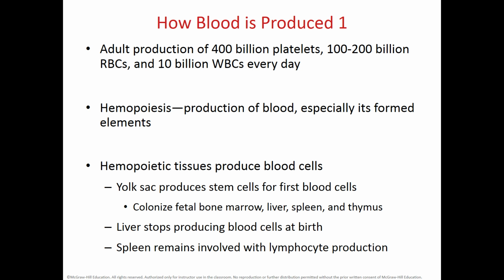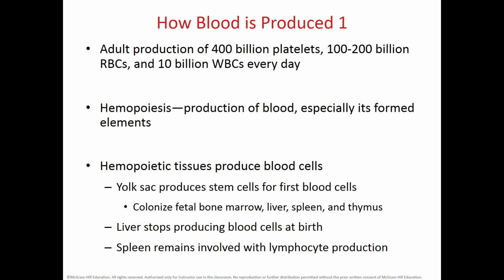Now, these stem cells in the yolk sac, once they are produced, are going to migrate to the bone marrow in the fetus, to the liver, the spleen, and the thymus, so you can produce red blood cells in these different places within the embryo.